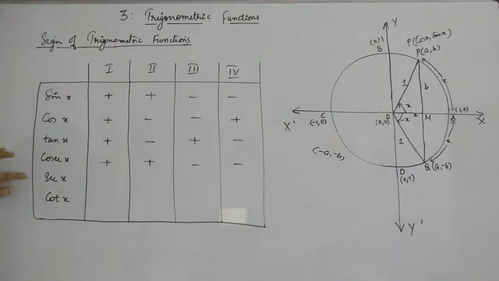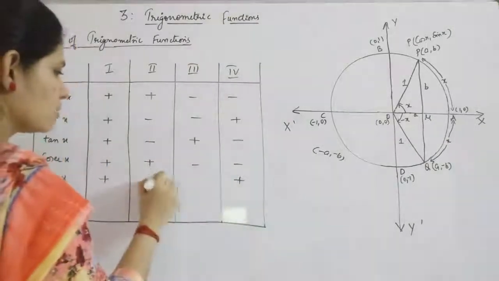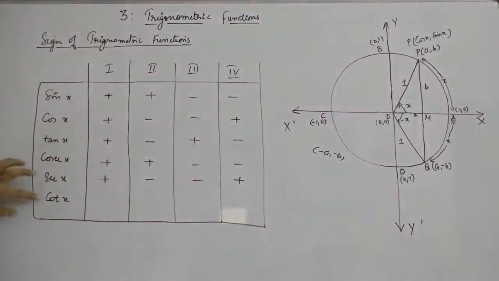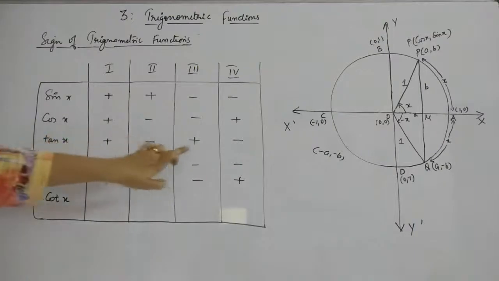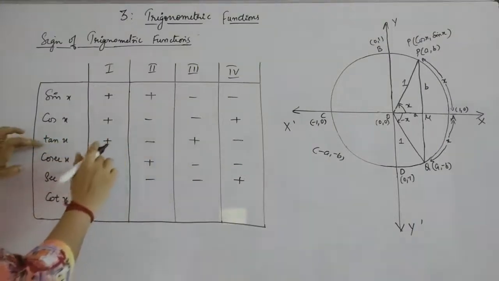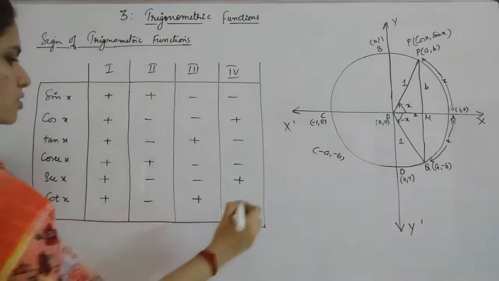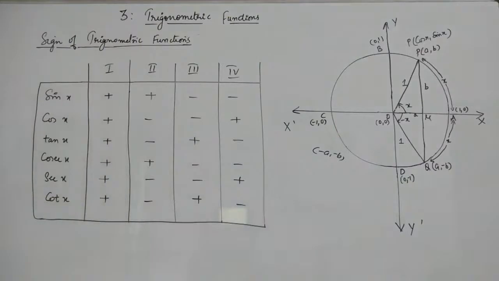Now for sec also, it is the reciprocal of cos, so you will have the first and fourth quadrants positive for sec also, remaining negative. And cot again is the reciprocal of tan, you will get the same signs for the quadrants as for tan. That is, tan is positive here, cot also positive, remaining negative.